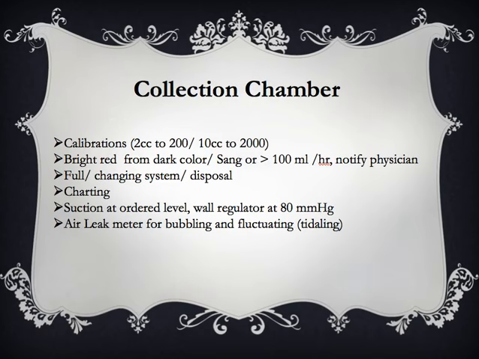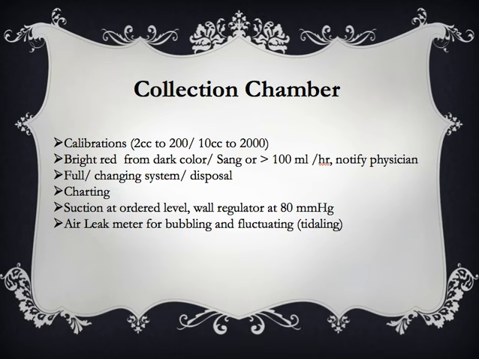And then CH is chamber, so we're on to the collection chamber with our assessments now, and we're looking at how much fluid is there, how much is draining, what color is it. If we're draining blood, it can be anything from bright red or bright sanguineous to an old dark blood.